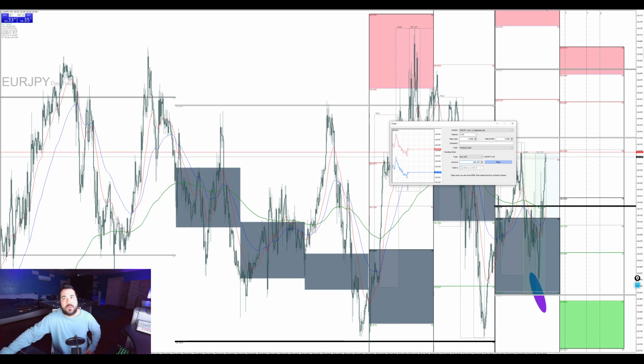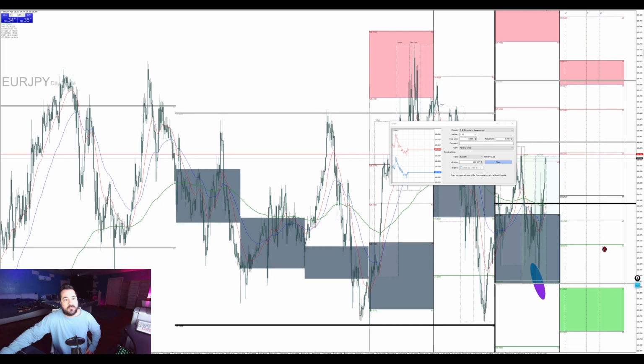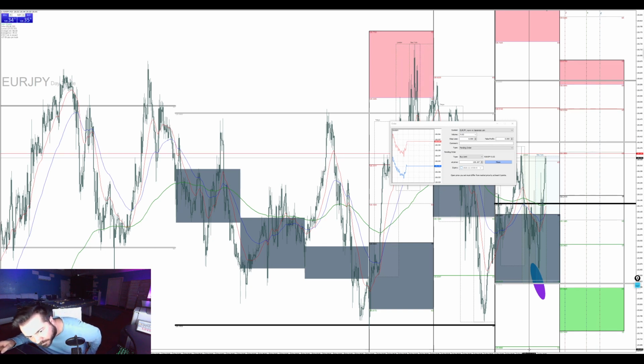Alright, so let's go ahead and work out the stop. The stop is way down here. Alright, so that's going to be 125.697.